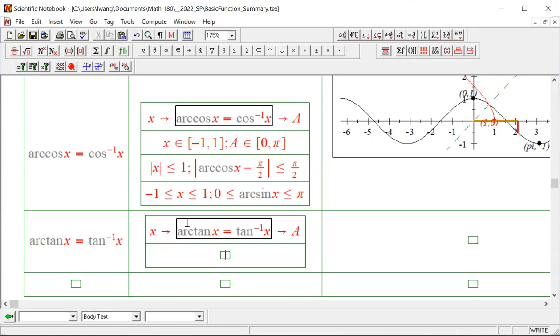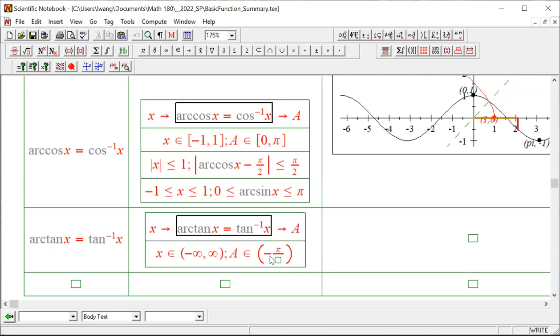The domain is all real numbers: negative infinity to positive infinity. And the range in interval form is negative pi over 2 to positive pi over 2.